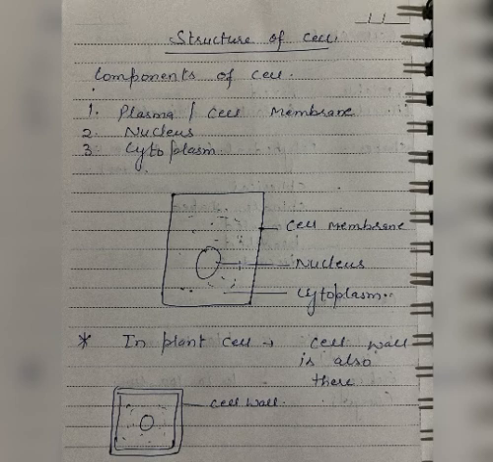Another difference is the organelles which are present in plant and animal cells. So the cell membrane, nucleus and cytoplasm are the main components of the cell, and the cell wall is present only in plant cells.